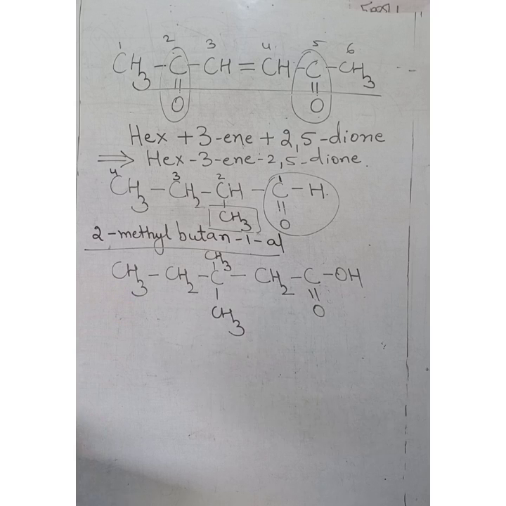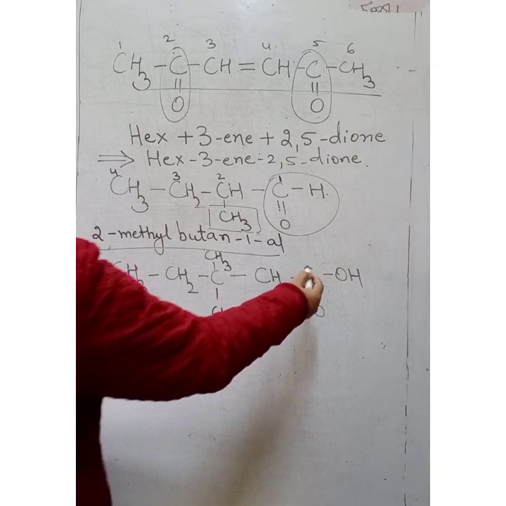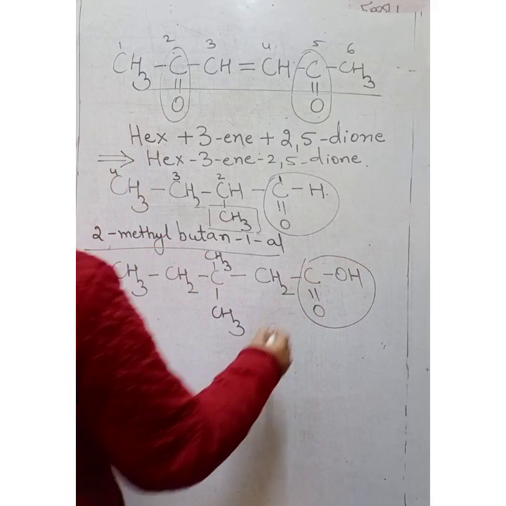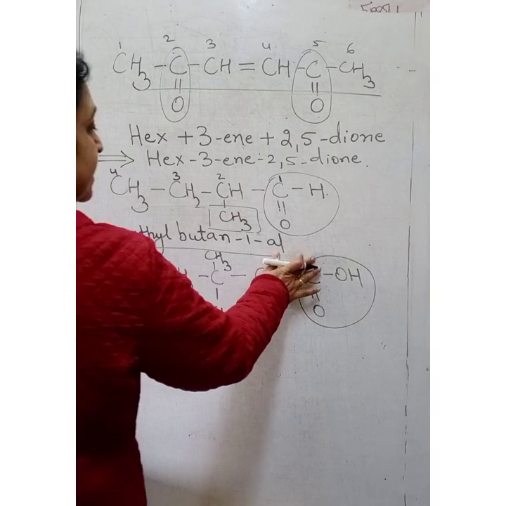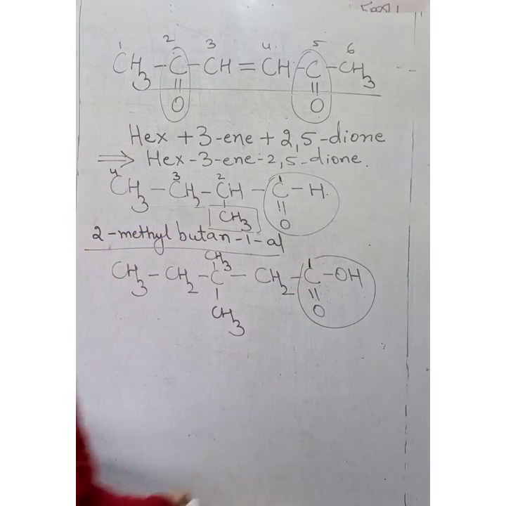Now see another example. Identify the functional group present. This is our functional group, which is carboxylic acid. Now it is a carbon containing functional group which is present at the terminal end, so it always gets number 1.